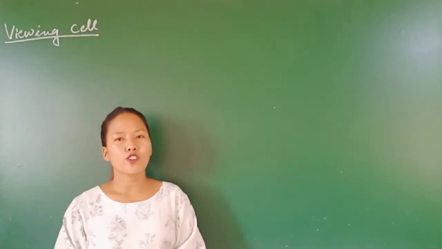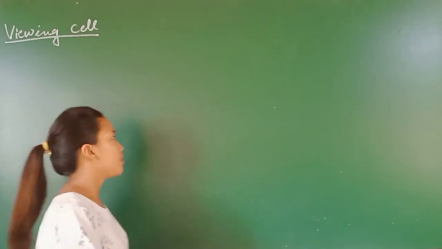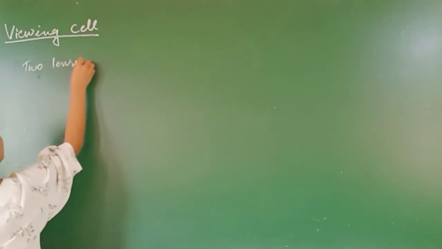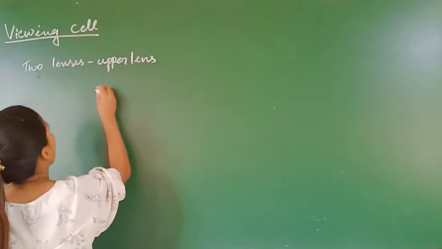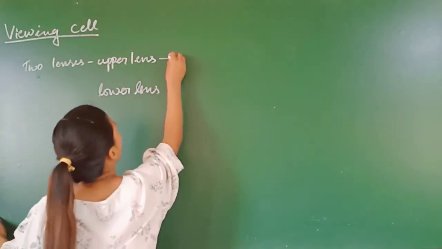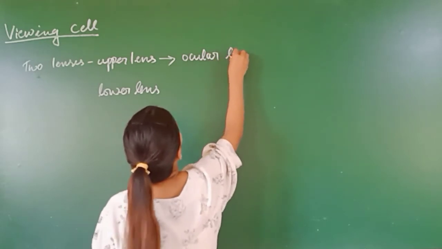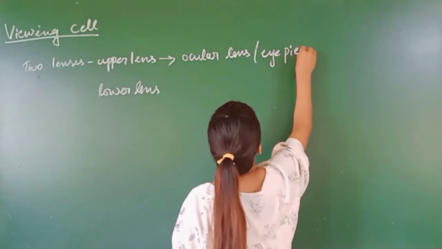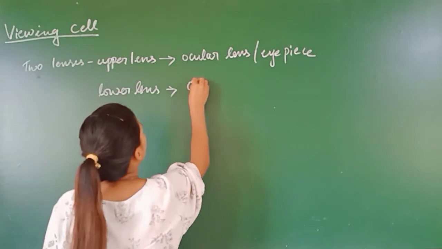Now this compound microscope has two lenses, the upper lens and the lower lens. The upper lens is also called the ocular lens or eyepiece, and the lower lens is called the objective lens.